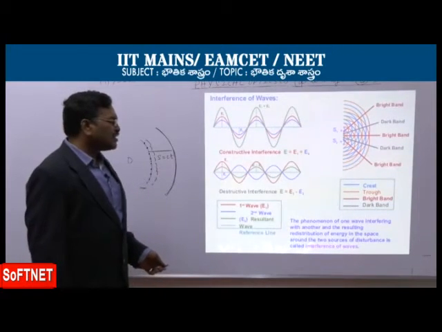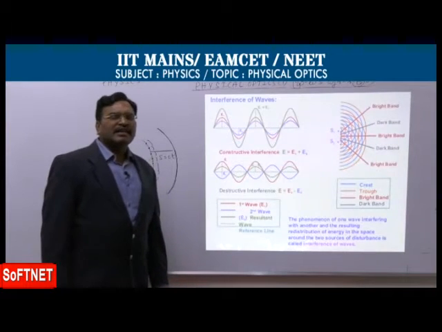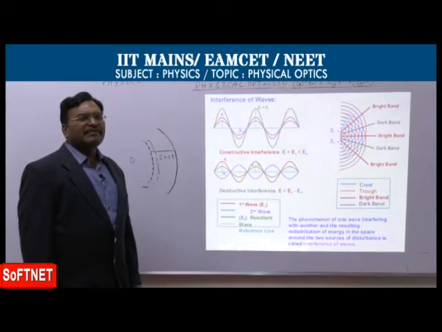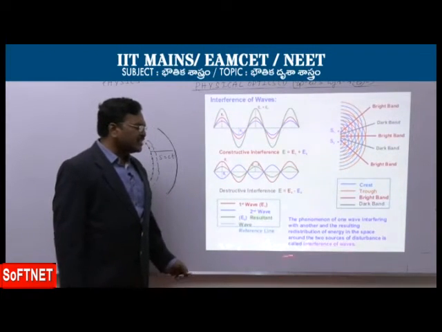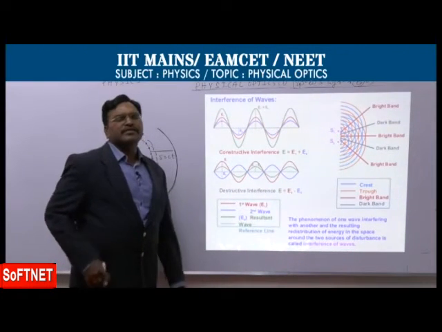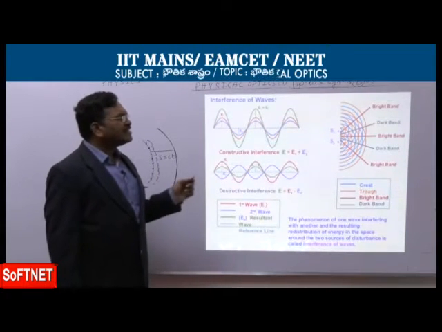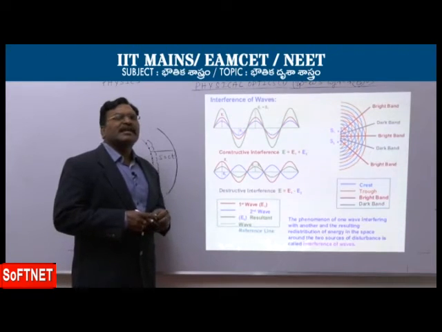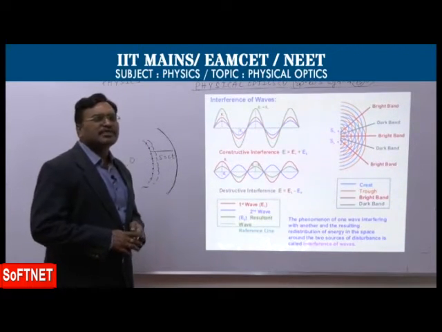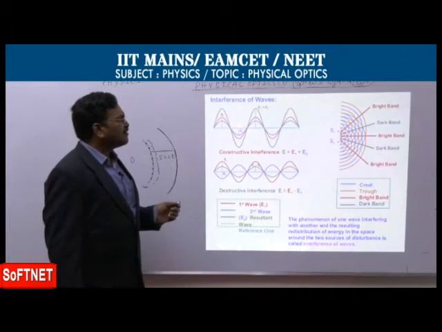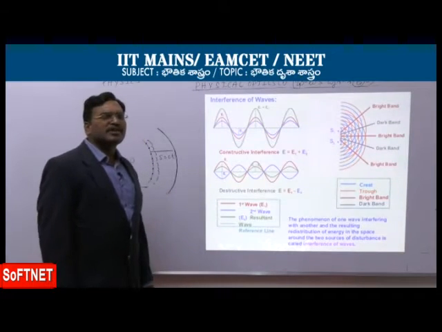If two waves are superimposed, the total energy is redistributed. That means there is a variation in the intensity in the region of superposition of light waves. So interference is the variation in intensity in the region of superposition of light waves.